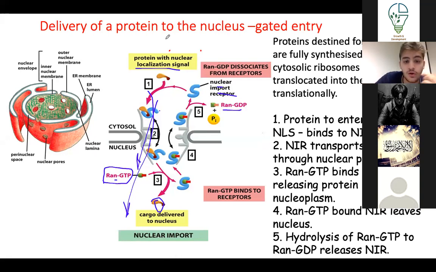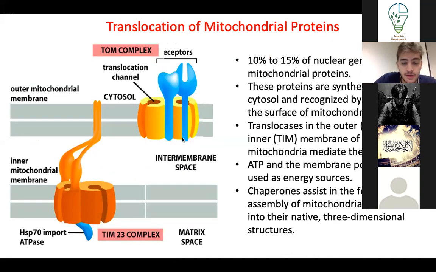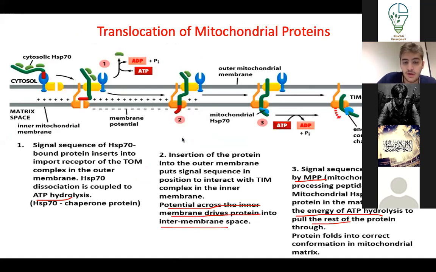Okay, perfect. I can go over them quickly at the end if you want, but let's try to understand as much as possible. Now, let's say you want to transport a protein into the mitochondria. It's even simpler. The signal sequence is different for the mitochondria. It's going to get recognized by, first of all, chaperone proteins, which is HSP70.